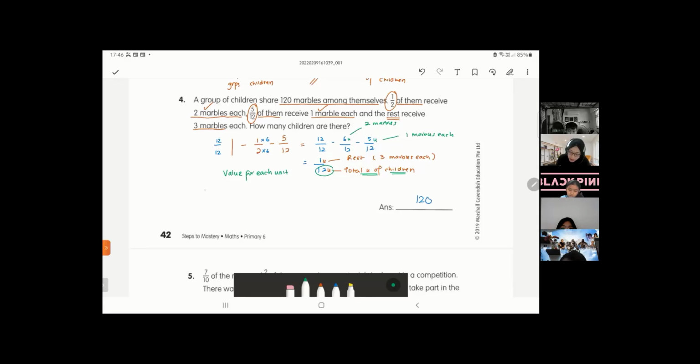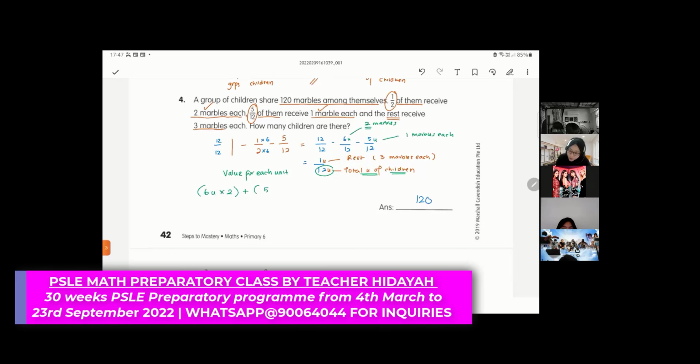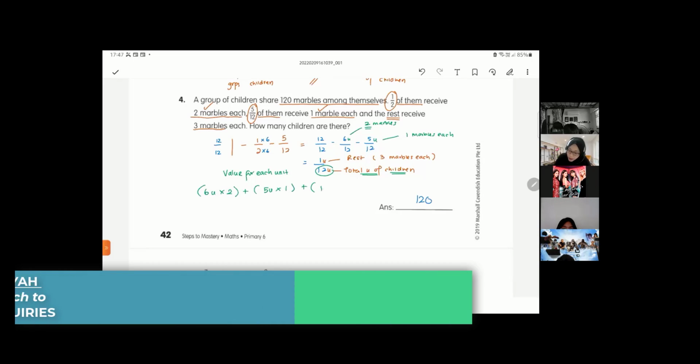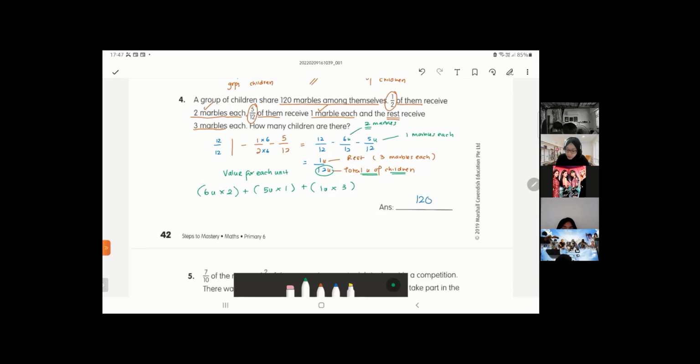So 6 units times 2, plus 5 units times 1, plus 1 unit times 3 equals 12 units plus 5 units plus 3 units equals 20 units.